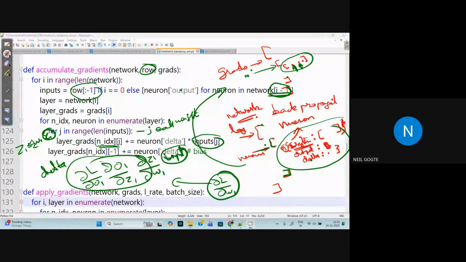So this multiplied by delta will give me dou L by dou W1, which is the gradient, which I need to multiply by the learning rate and apply.